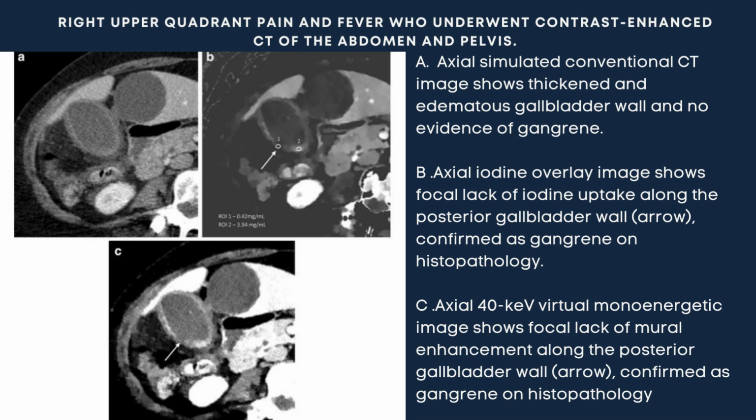That was confirmed as gangrene on histopathology. On the letter C image, the 40 keV virtual monoenergetic image shows focal lack of mural enhancement along the posterior gallbladder wall, as you can see on the arrow, and that is confirmed as gangrene on histopathology.